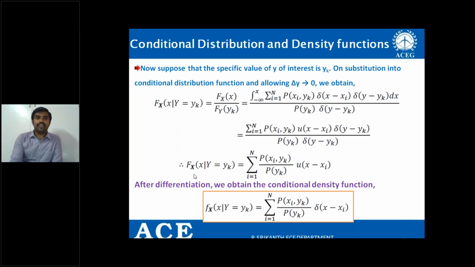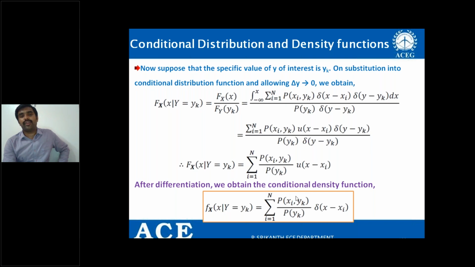So this is the conditional distribution function. After deriving, the final expression is summation i equal to 1 to n, p of xi comma yk by p of yk, into u of x minus xi. If I apply differentiation on both sides with respect to x, it becomes small fx of x. Why?